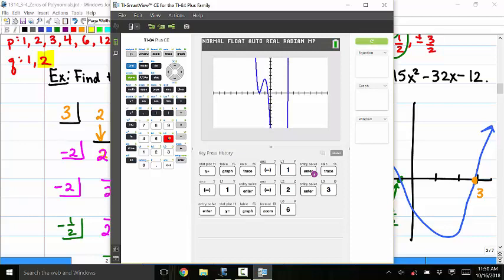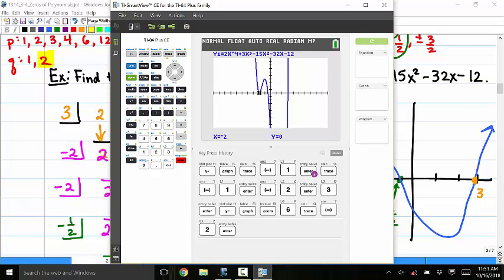Okay, they gave you the polynomial. I'm telling you to go look at your graph on your calculator. I'm going to guess that negative 2 is an x-intercept. How could I check that on my calculator? I hit trace, negative 2, enter. Does it tell me the y value is 0? Yes. What's another one that I'm going to guess?